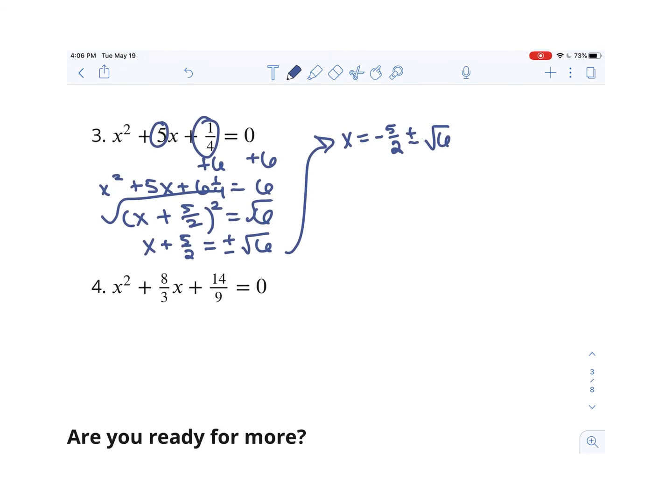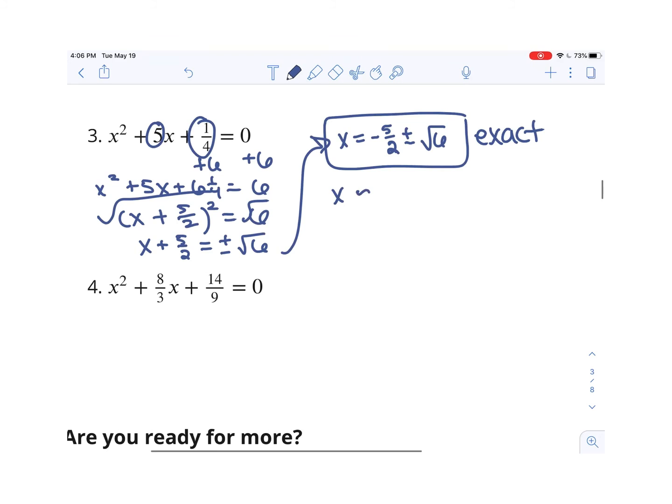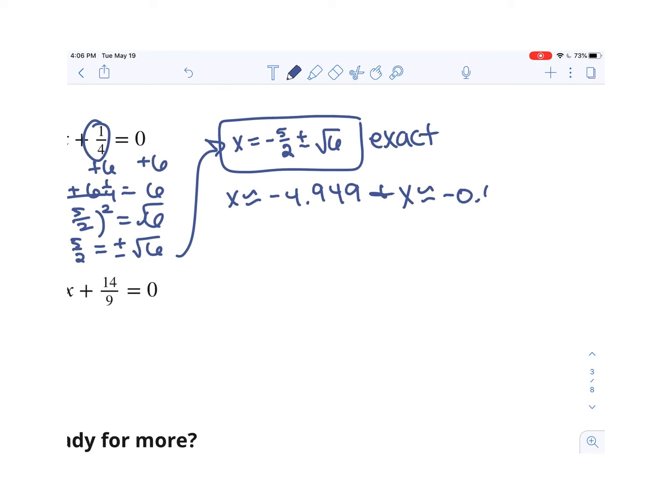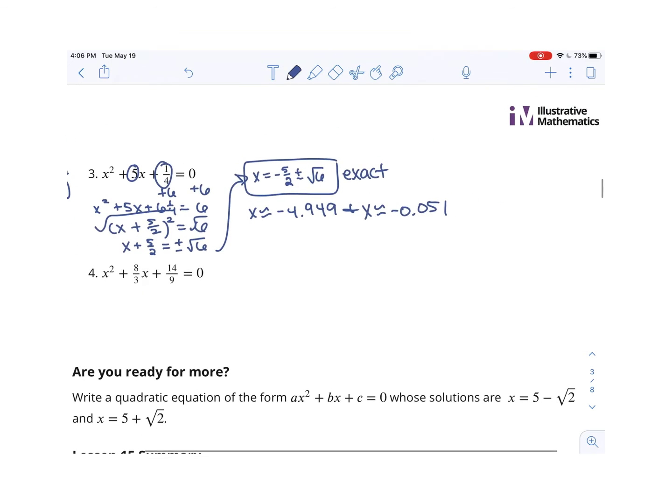And when I graph this, so there's my exact, and then if I graph, I'm going to see my solutions, and x is approximately negative 4.949. Okay, and then I'm going to verify that these two things are the same. And so I'm going to look at the square root of 6, which is about 2.449.